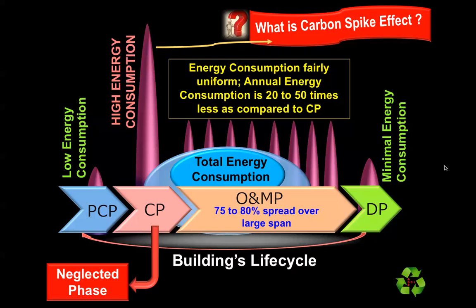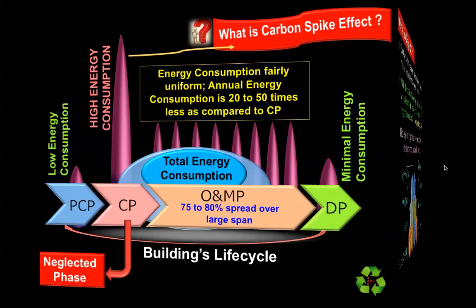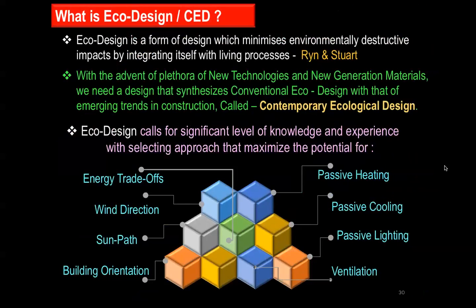So this is after having understood what exactly is the carbon footprint. Now, what exactly is eco-design, and what exactly is comprehensive ecological design? So let us look at it. Eco-design is a form of design which minimizes environmentally destructive impacts by integrating itself with the living processes.